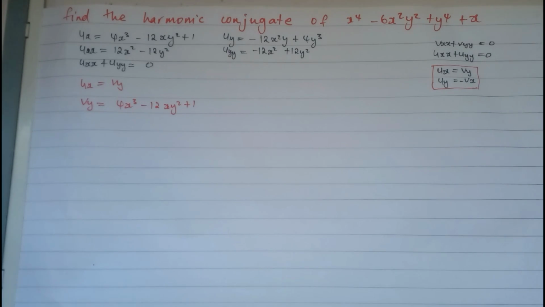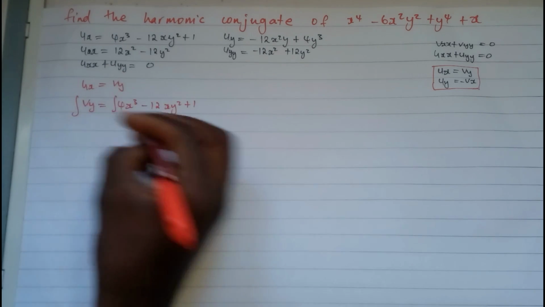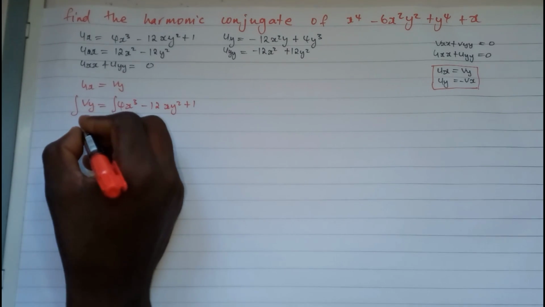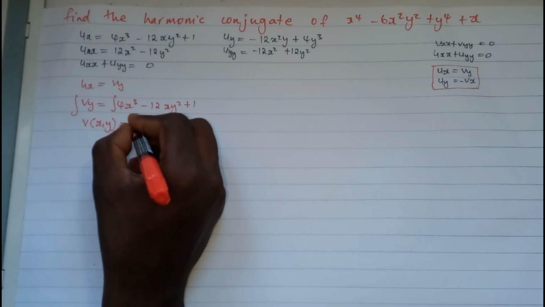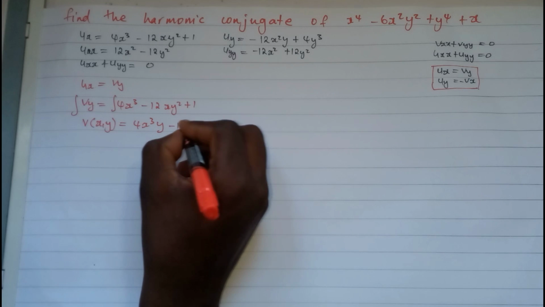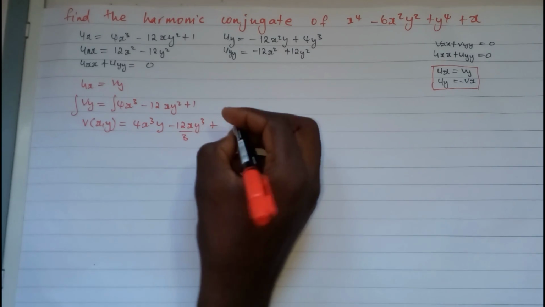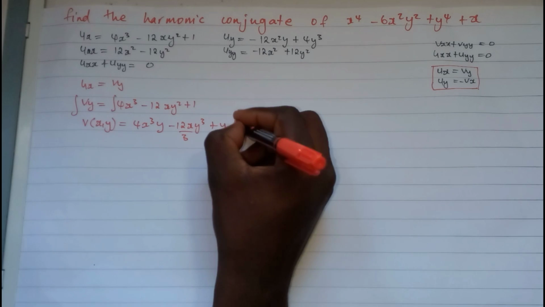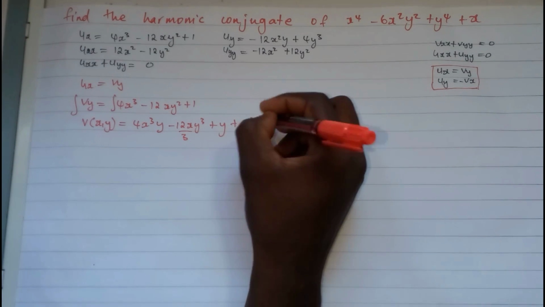Then I'm going to integrate both sides with respect to y, so I'm going to get v of x, y. It's going to be 4x to the power 3 times y minus 12xy to the power 3 over 3 plus y, plus a function of x.